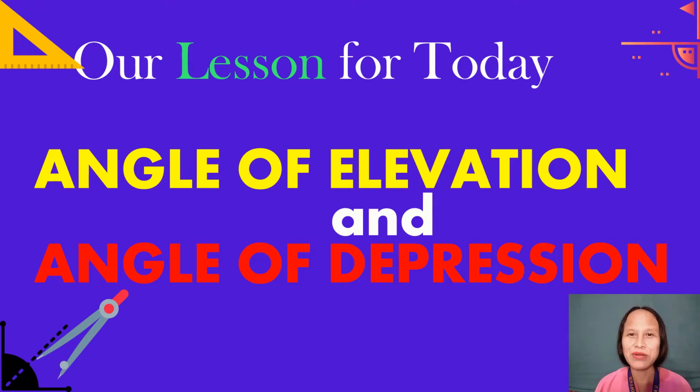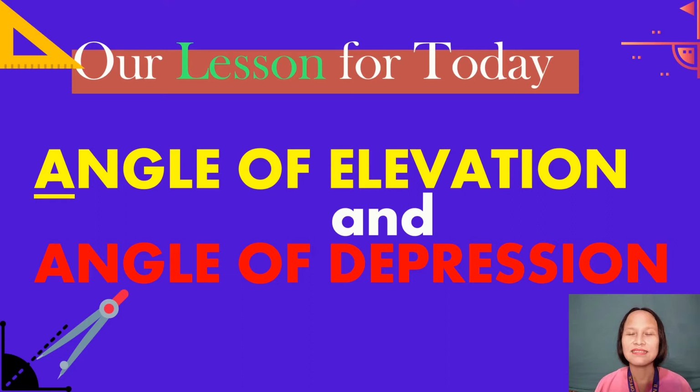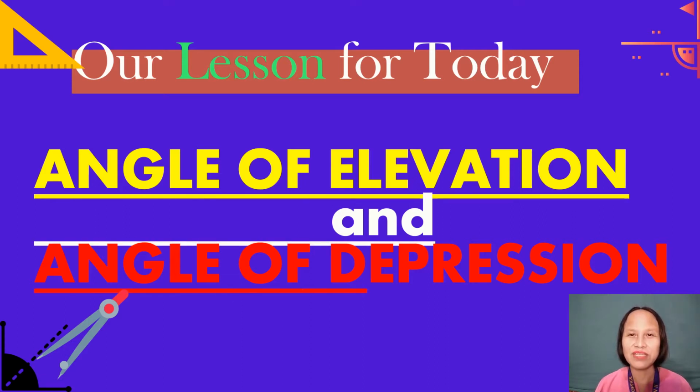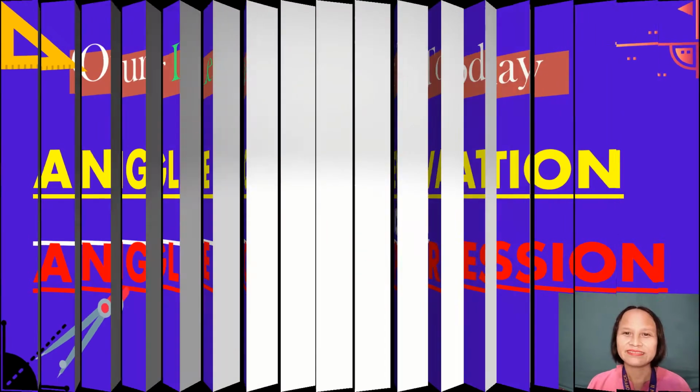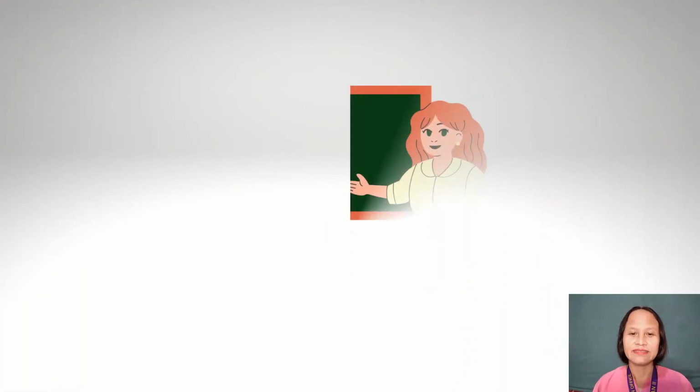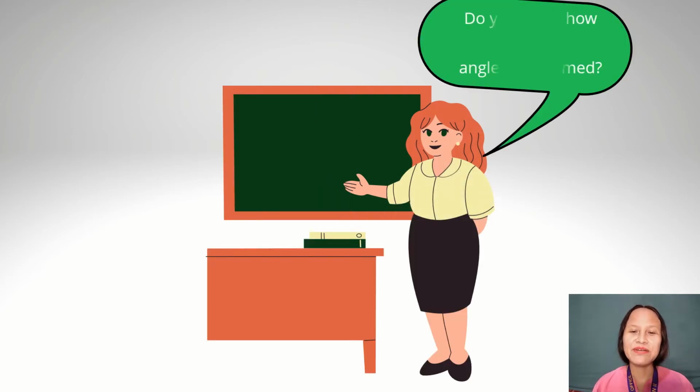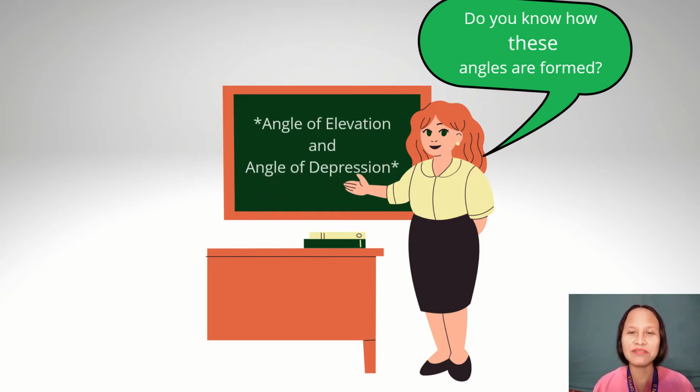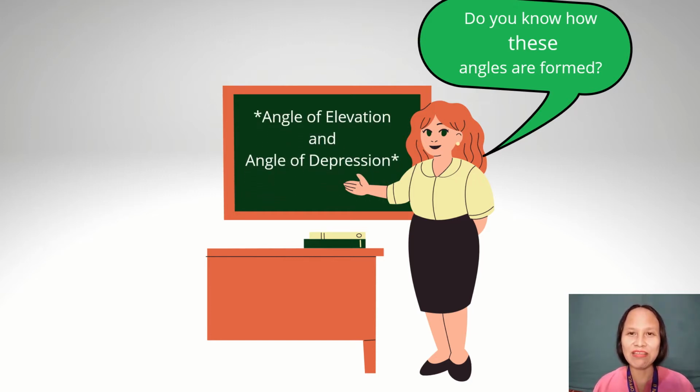And today, we will be exploring other kinds of angle, the angle of elevation and angle of depression. Do you know, class, how these angles are formed? How are angle of elevation and angle of depression being illustrated?